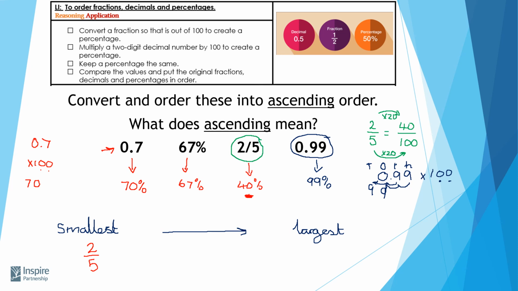My next smallest, if I have a look along the line, is this one, 67%. My next smallest is this one. It's 70%, but I want to include the original number, which was 0.7. And that means my last one is this one here, 0.99. And now I've ordered those original numbers in ascending order from smallest to largest.